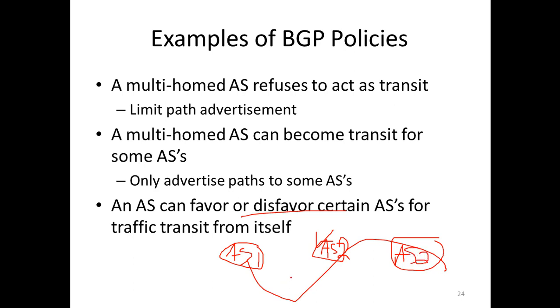I will not follow this path. I will choose some other path that will take me to AS3 actually. So these are some policies that you can expect from BGP.